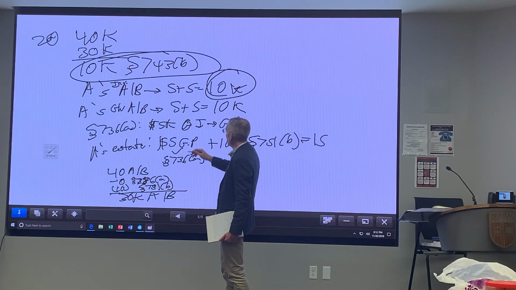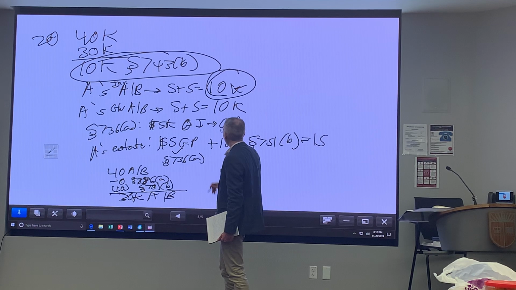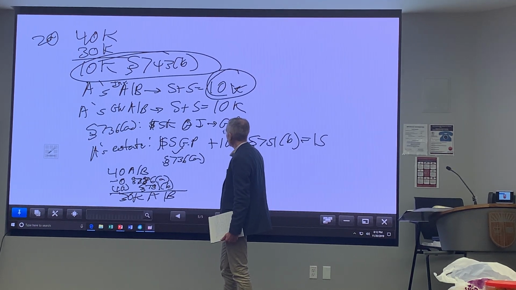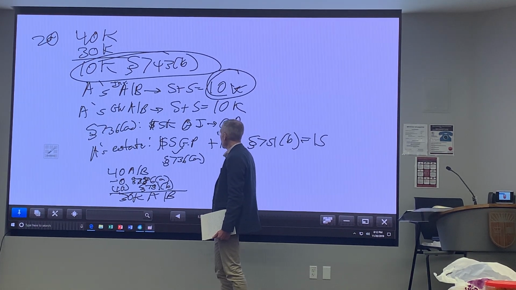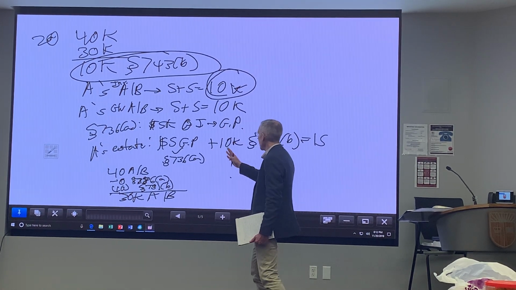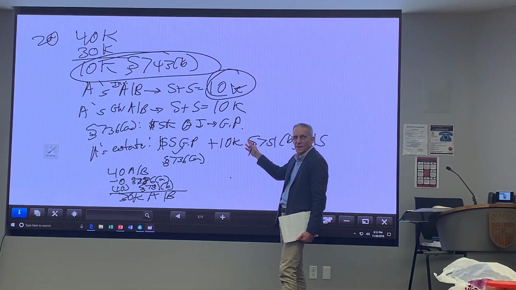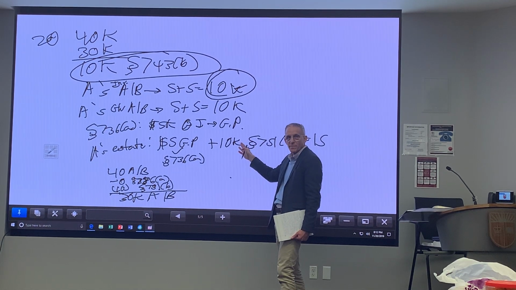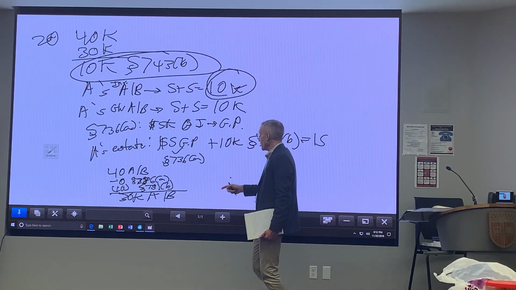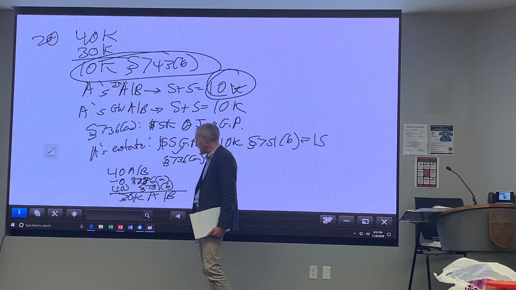Under 736(a), he's going to recognize $5,000 of ordinary income, a guaranteed payment. A's estate gets a $5,000 guaranteed payment. And remember, he got $10,000 in cash already as a result of 751(b). Everyone agree? The inventory was distributed to A, and that caused his outside basis to drop to $30,000.